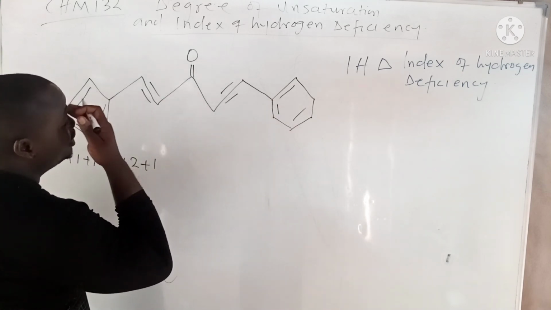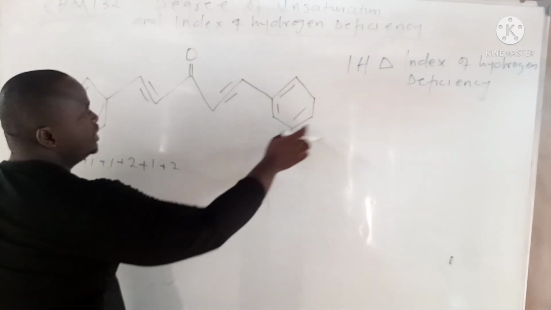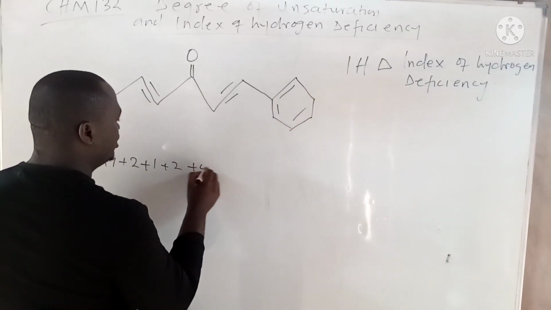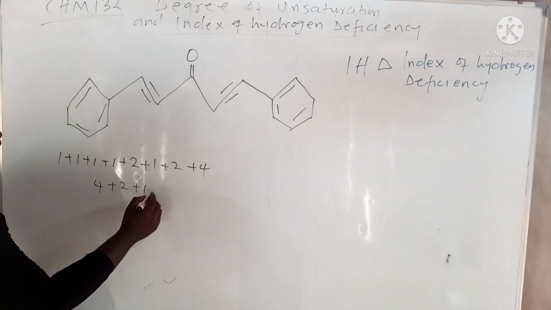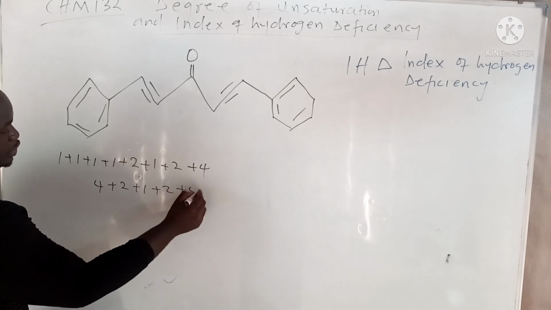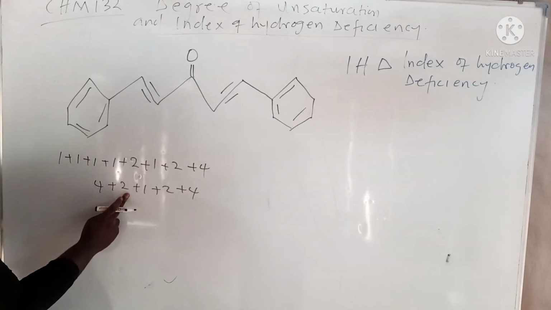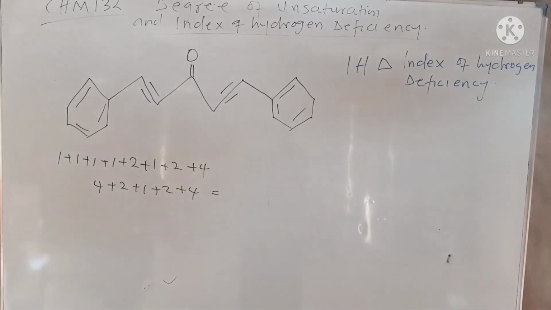Here is a triple bond, so we have plus 2. Here we have 1, 2, 3, and plus the ring, so plus 4. So this place is 4 plus 2 plus 1 plus 2 plus 4. So we have 8, 10, 13. So the total IHD of this place is 13.